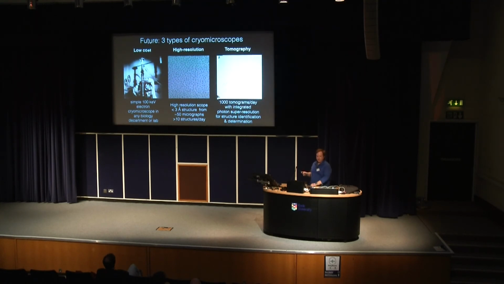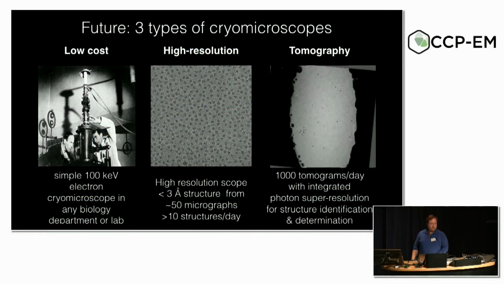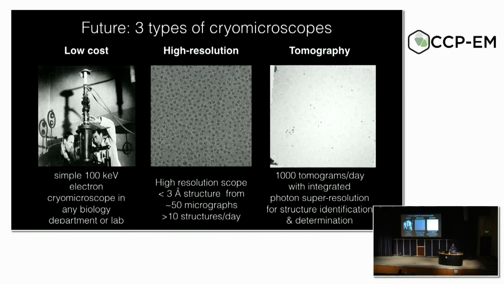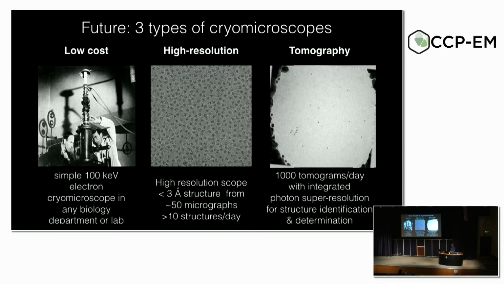And by low cost, I mean well under 500,000 in whichever currency units you like to use. And this will allow you to do 4 angstrom structures easily, and also allow you to very rapidly screen your specimen and understand how good they are before you go to a high-end, state-of-the-art equipped facility like Diamond or other centers around the world.